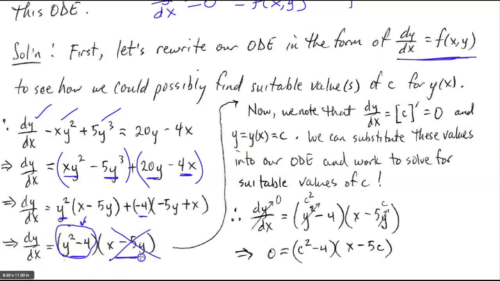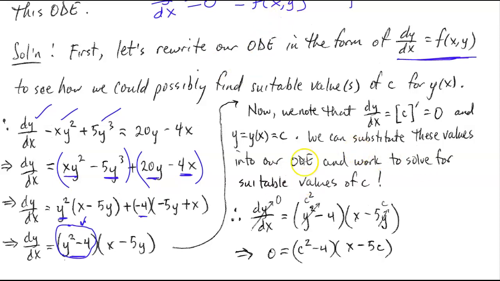I do not look here for constant solutions, okay? I only look here for constant solutions. Now, if I was just looking for solutions in general, then of course I would consider this other factor, and I would say whatever it is, okay?